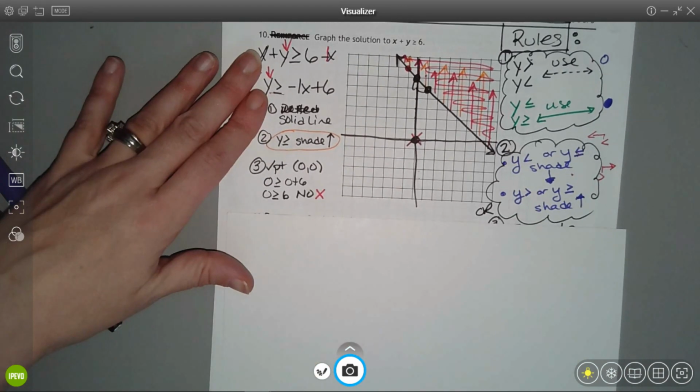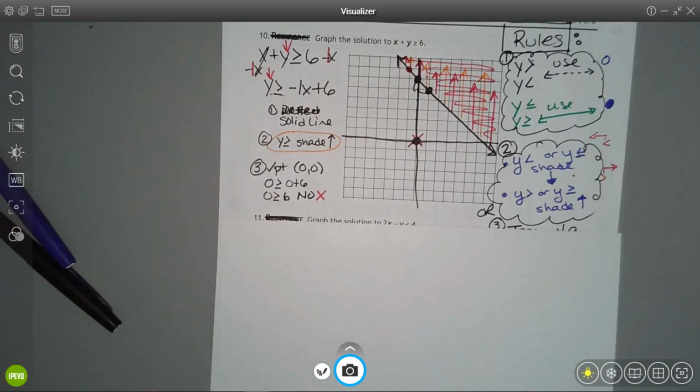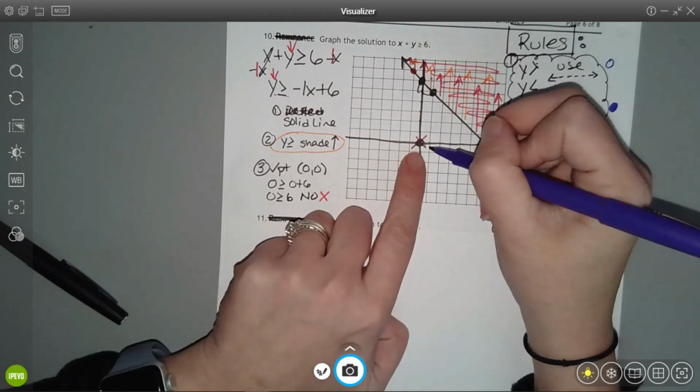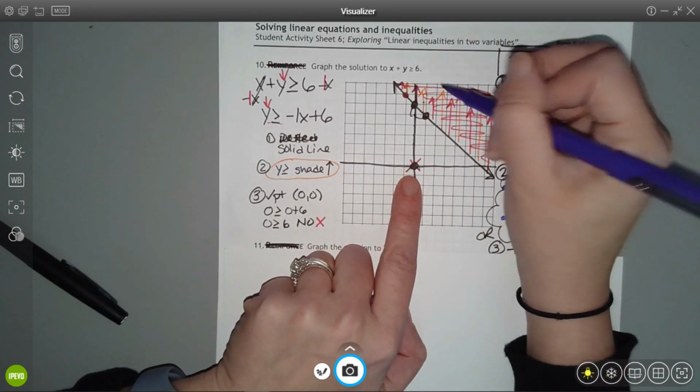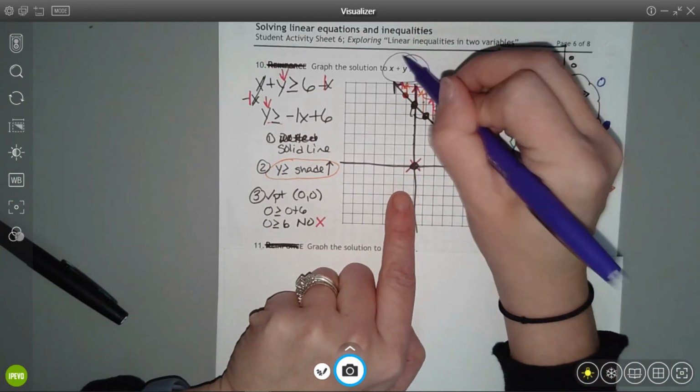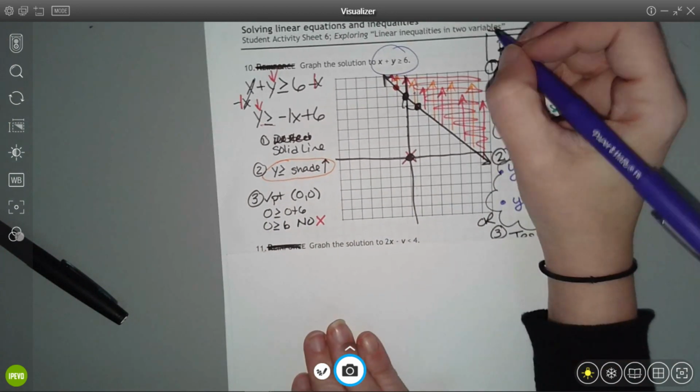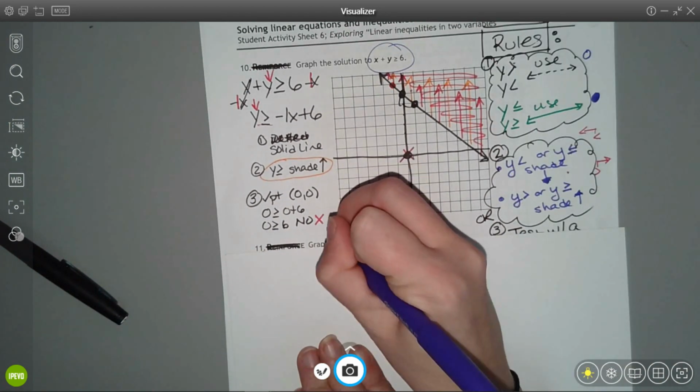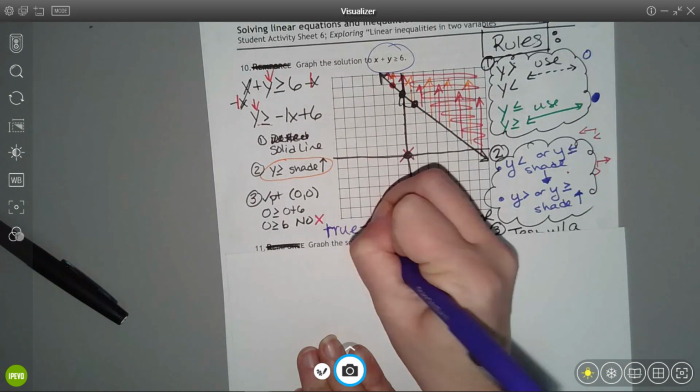Another way that your teacher may prefer you to do also is to pick a point that's not on the line. I always like to choose 0, 0. Okay. And we could plug it into this equation. Okay. If it's true, shade that side.